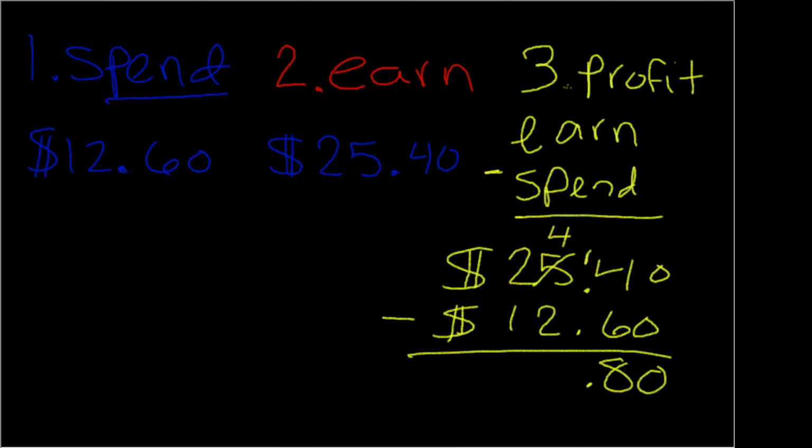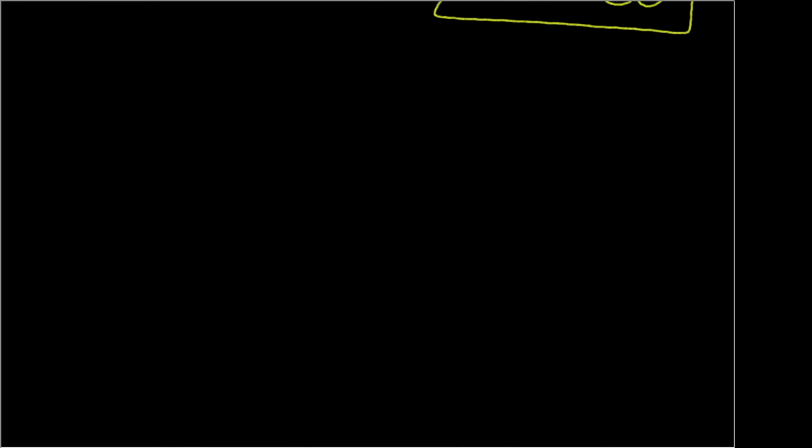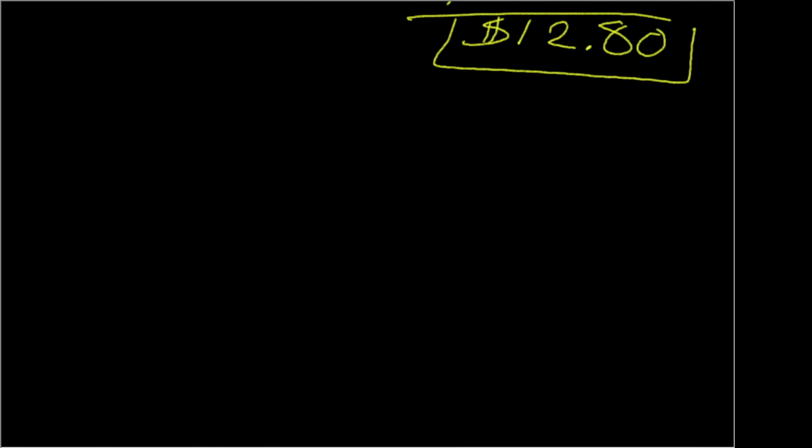So we can easily do this again with another word problem. And for this one, I went shopping. So again, number one is what do I spend? So I went shopping.